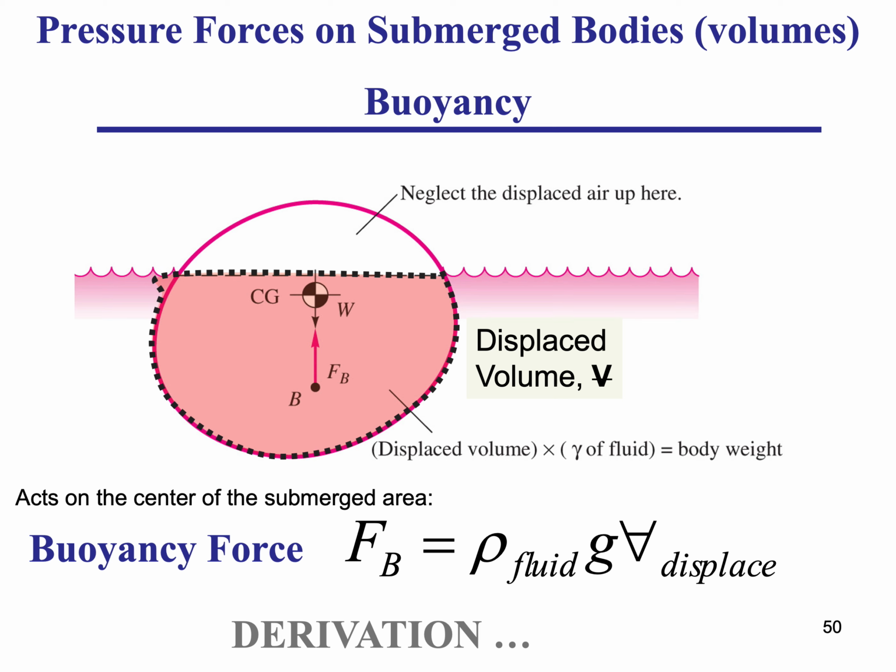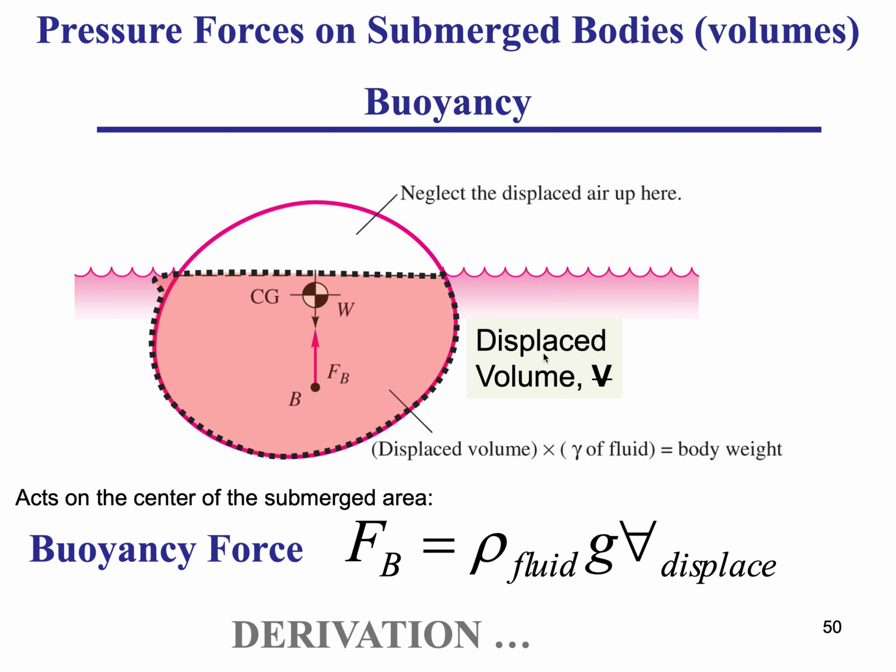So what we have dealt with so far is the hydrostatic pressure force that is distributed over surfaces. But now we will still do the same story, except now we want to deal with volumes instead of surface areas.